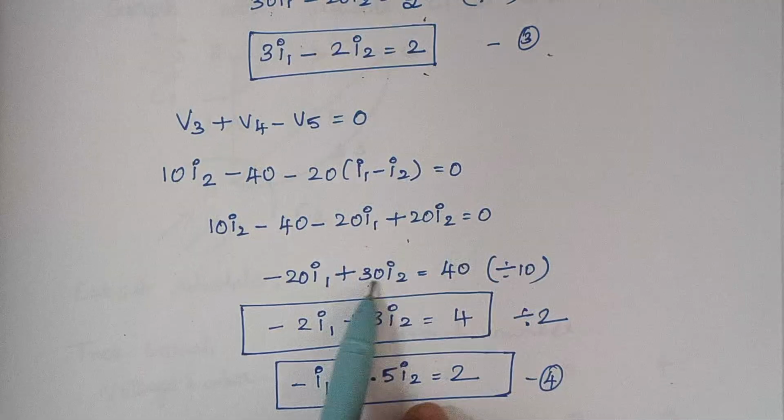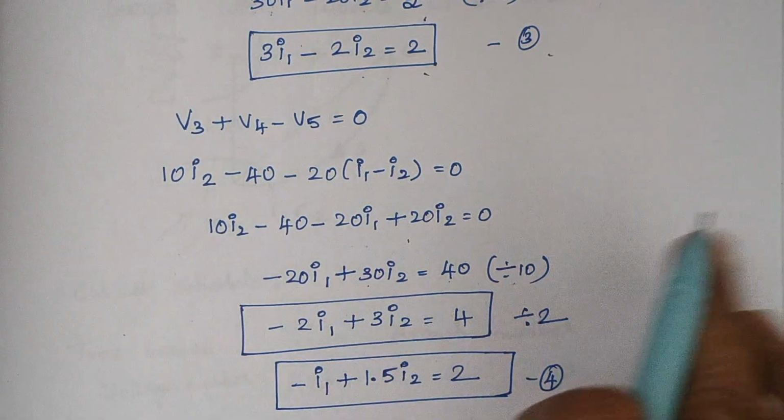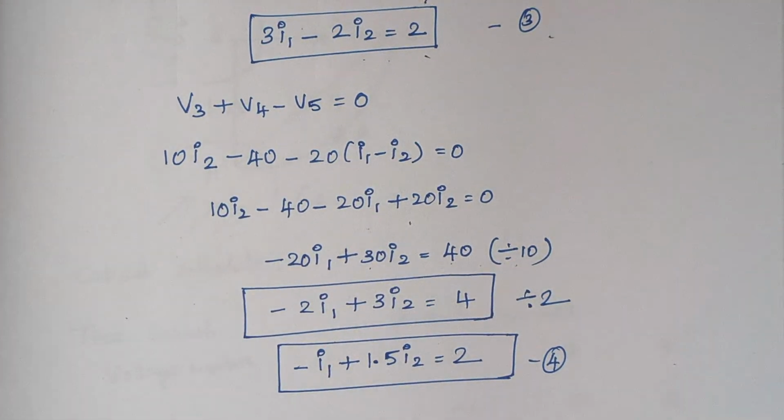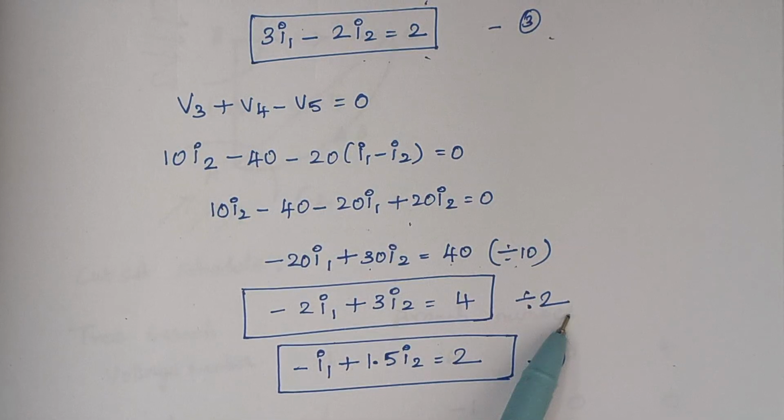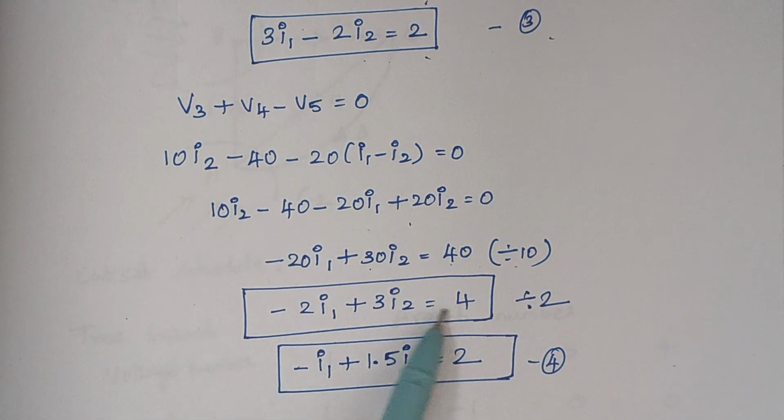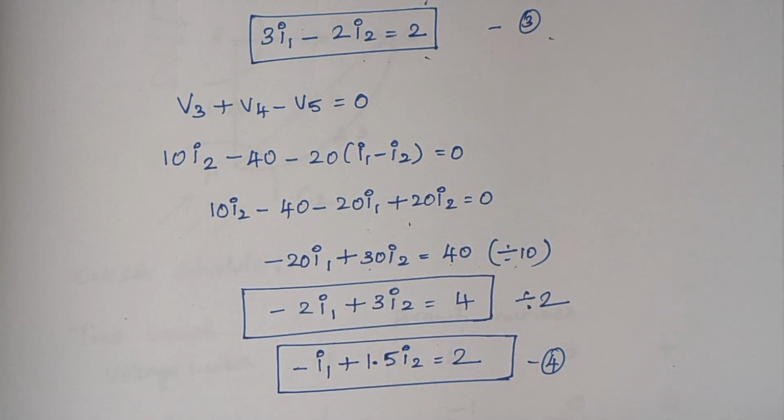So when you divide this entire equation by 10, again it comes in a simplified form. You see minus 2I1 plus 3I2 equal to 4. Again I am dividing this by 2, or it is not needed. You can take this equation directly and you can solve. Again it's up to you. So here it becomes minus I1 plus 1.5 I2 equal to 2.